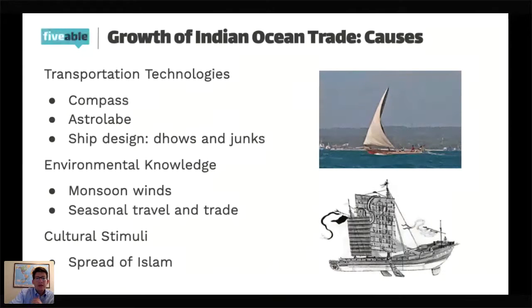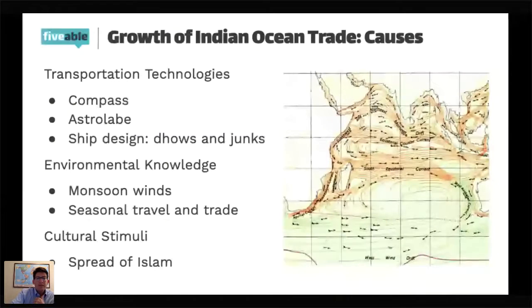Now, if we think about environmental knowledge, kind of beyond just technologies which help spur on trade, knowledge of the monsoon winds certainly plays a role. That knowledge was found very early, and understanding the currents of the monsoon winds and seasons really helped people travel very quickly from place to place, again speeding up trade and making it much more predictable.